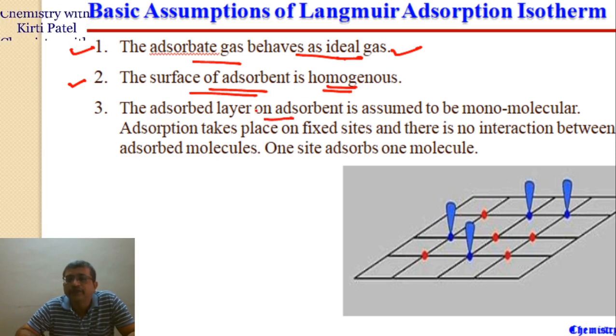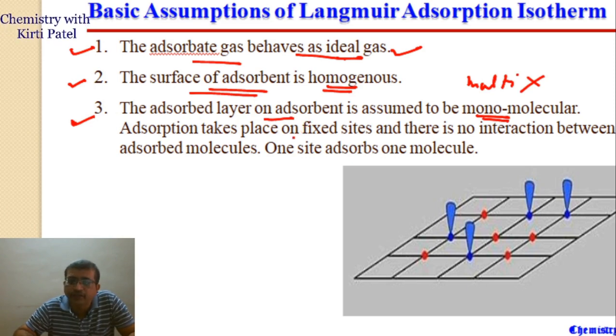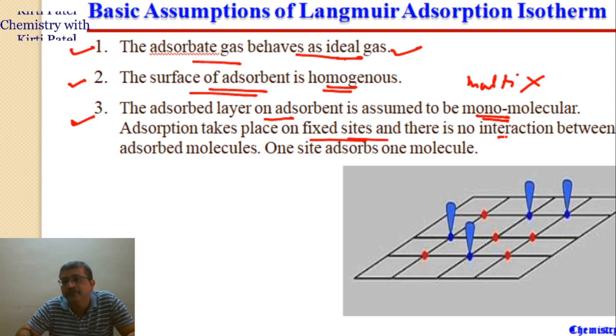The third assumption is that the adsorbed layer is a monomolecular layer. There is no multimolecular layer formation; only monomolecular layer formation is considered. It is also assumed that adsorption takes place on fixed sites and there is no interaction between the adsorbed molecules.